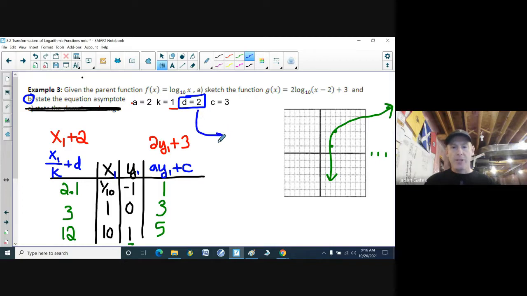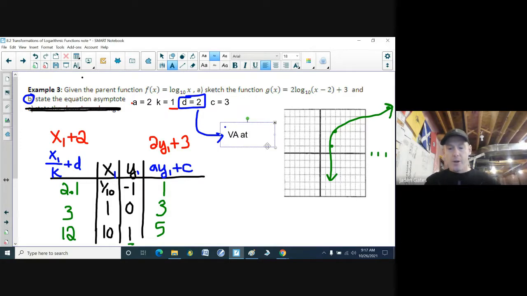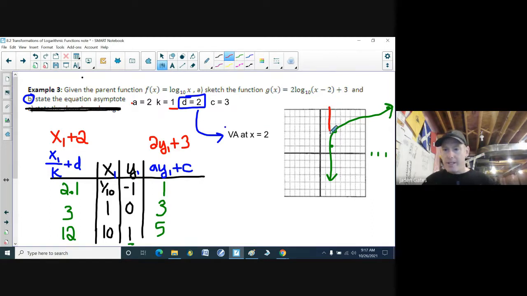Because this graph is shifted right, so is the asymptote. And so there is a VA, vertical asymptote, at x equals 2. Again, that is determined by our d value. So I'm going to stretch it a little bit. There we go. There's our asymptote.